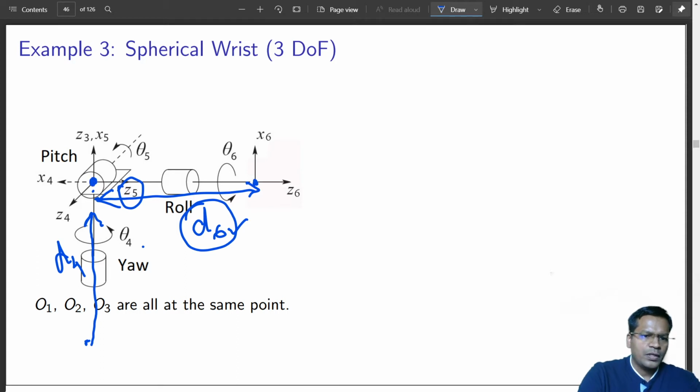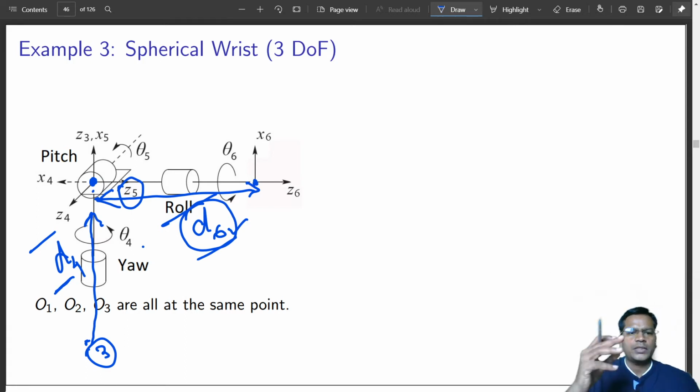Axis 4 from axis 3 that ended here, there is some distance measured along the z axis, so it is named as an offset and denoted as D4. So two translations along the z axis exist, those two are offsets, and there is no translation or twist about the fifth link. So all the three axes are placed together.